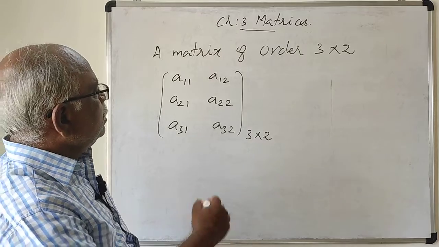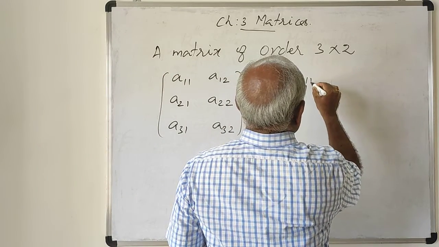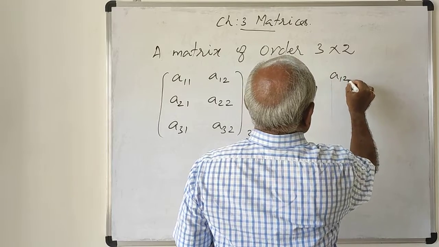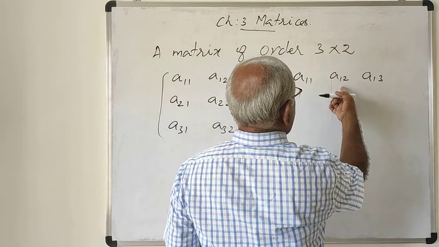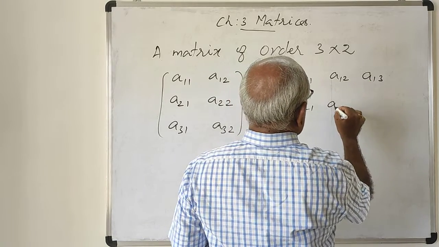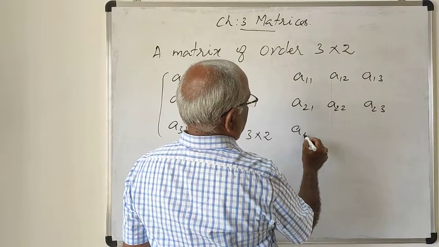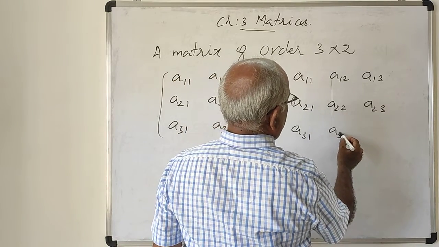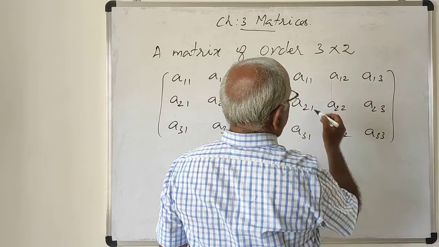Now, one more thing, I will consider a 3 by 3 matrix. A11, A12, A13: first row, first column, first row, second column, first row, third column. Similarly, A21, A22, A23, A31, A32, A33.